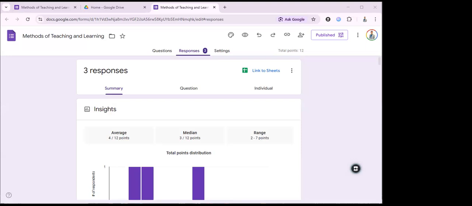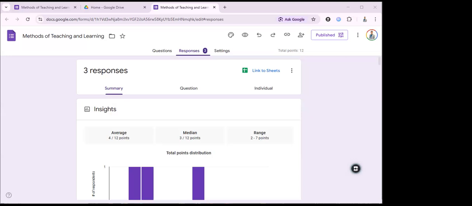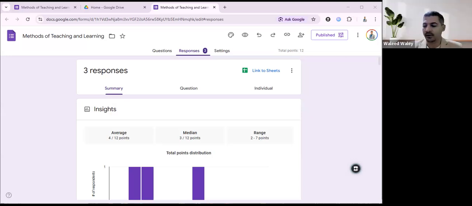The situational. Situational? No, it's an approach, not a method. Okay, great. So the first method we have today is the grammar translation method, GTM.